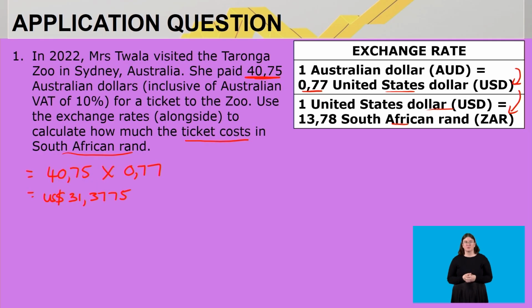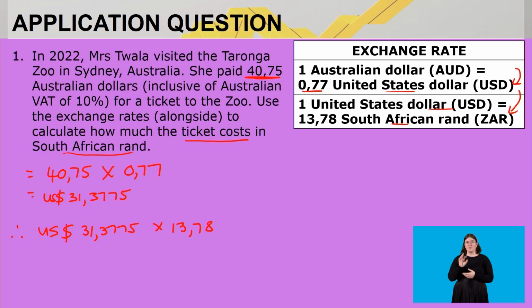So therefore I look now and I see 1 US dollar equals 13.78 South African rand. So therefore my next step will be to take my US dollars, right, the 31.3775, and I multiply by the exchange rate of 13.78, right?